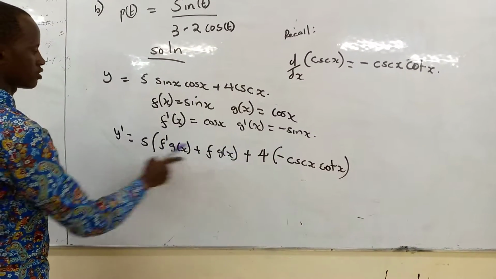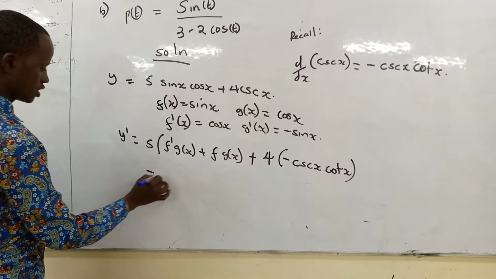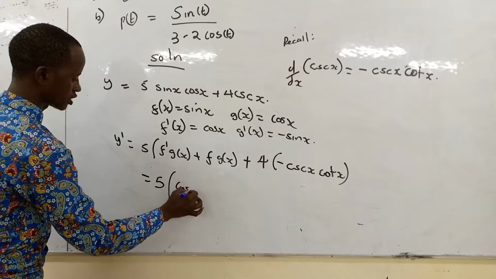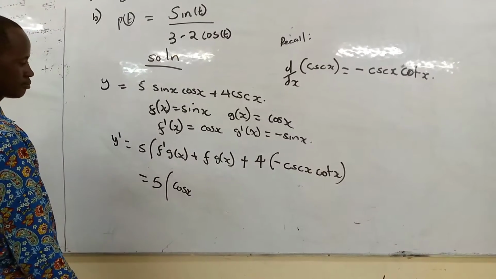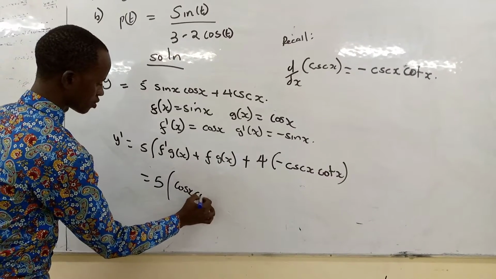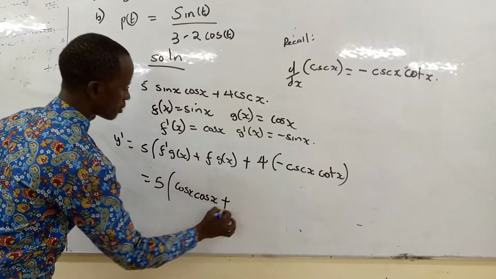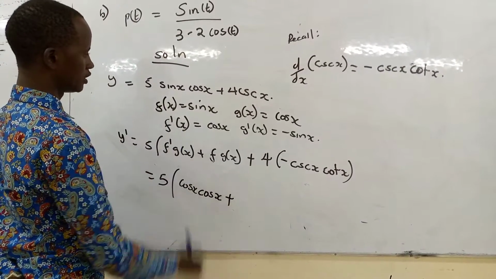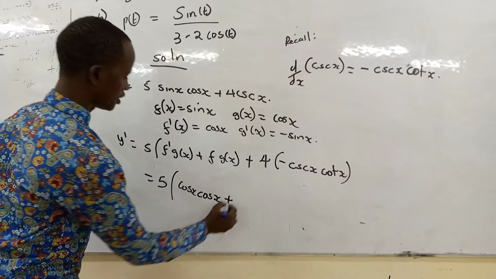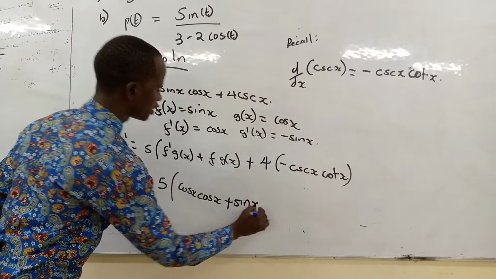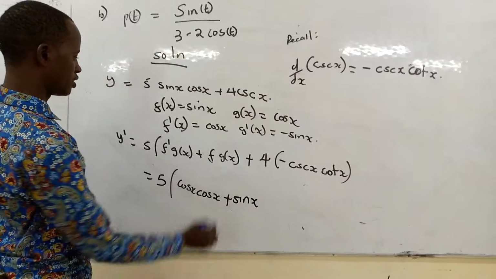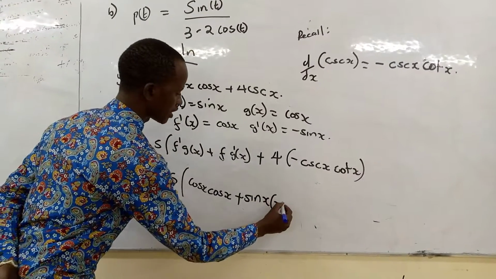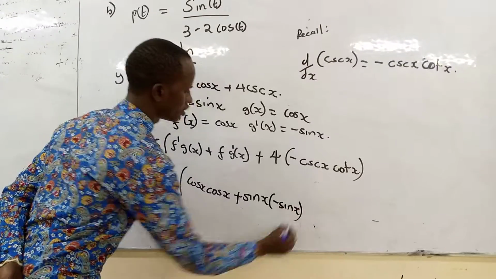So we apply the derivative. That is 5 into bracket f prime, which is the cos of x, multiplied by g, which is the cos of x, then plus f, which is the sine of x, multiplied by g prime. The g prime of that function is negative sine of x.